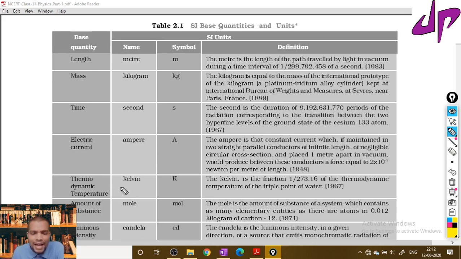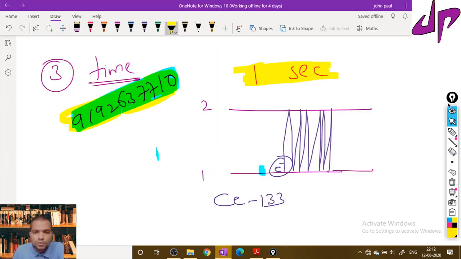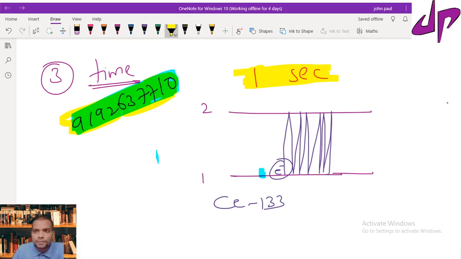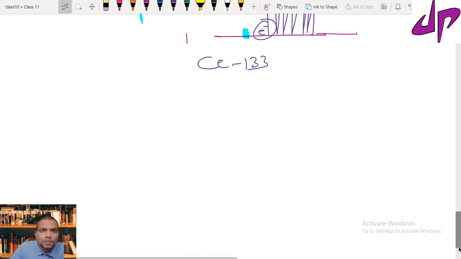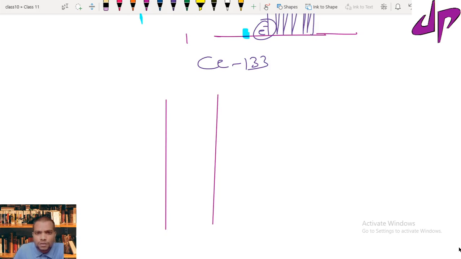It can be defined as, suppose you take two parallel wires. Better I do that in the white space so the visibility is more. So to define ampere, from earlier knowledge, suppose I have two conductors in which current is flowing, and they are kept 1 meter apart.